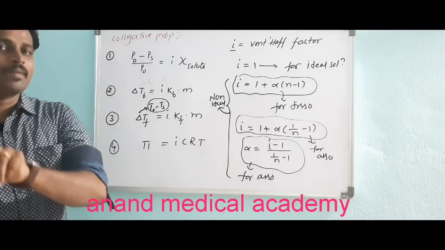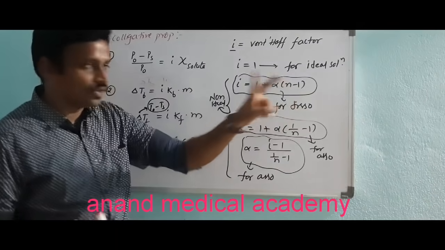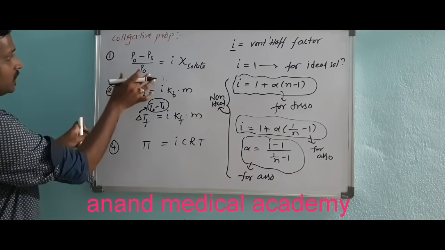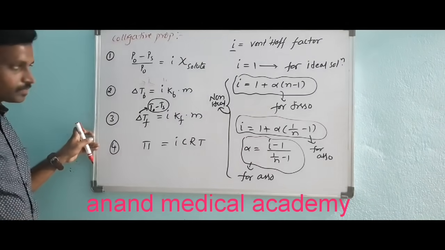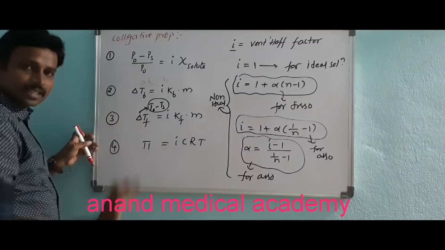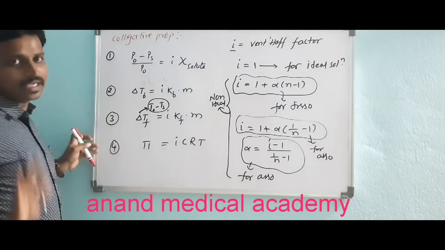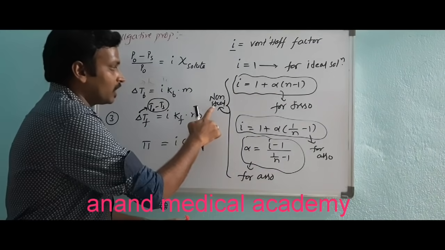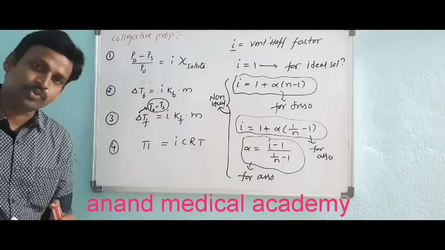X plus and Y minus are 2 ions, so the n value will be 2. Okay, so in this we have one clarity: we have no need to consider i, that is, i equals 1 for ideal solutions. i has some value for non-ideal solutions.